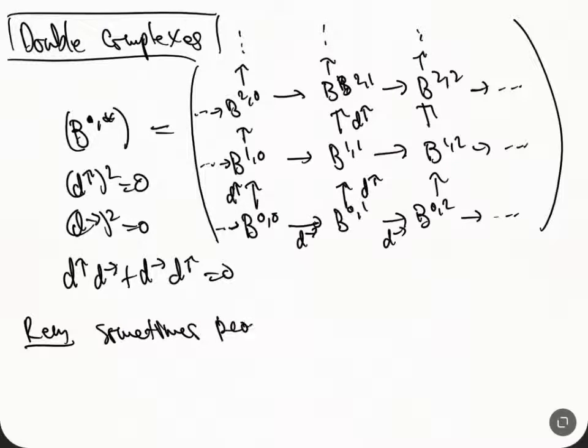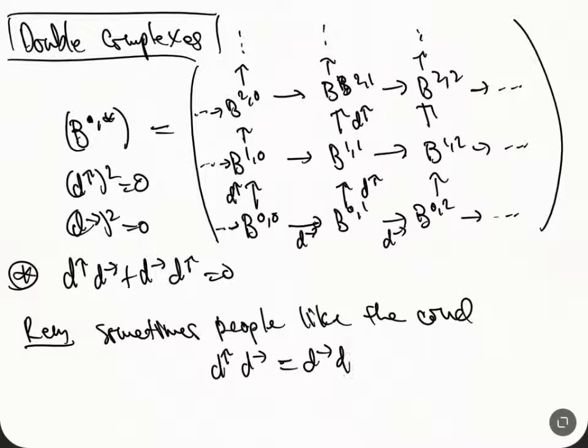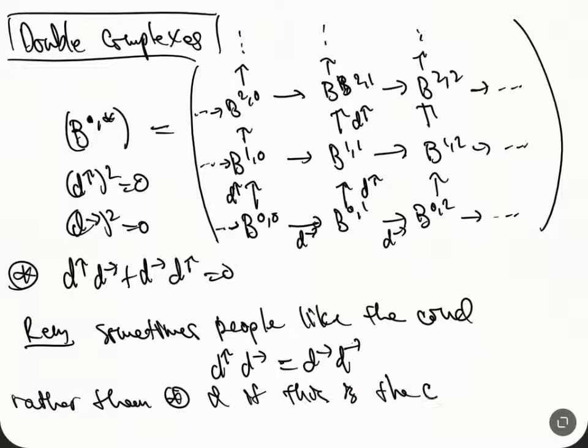people like, let me call that star, the condition that these things commute rather than star. And if this is the case, letting D over, and let's say this is in the ith piece.